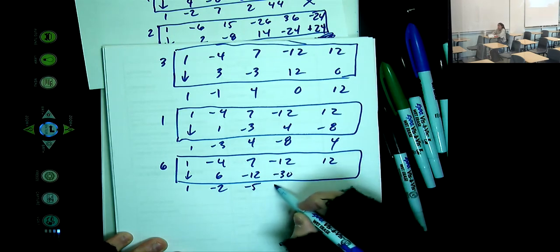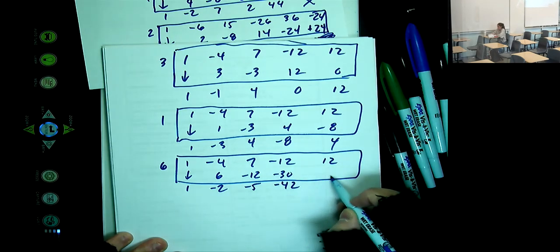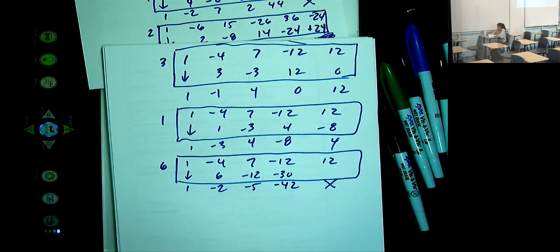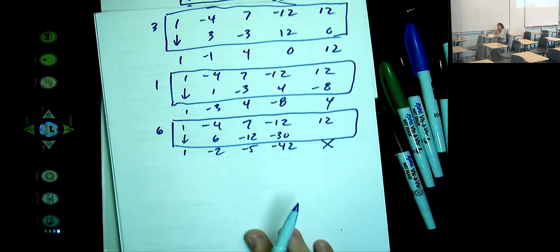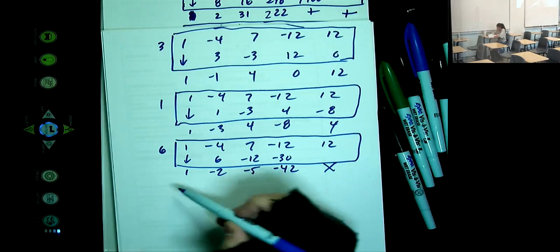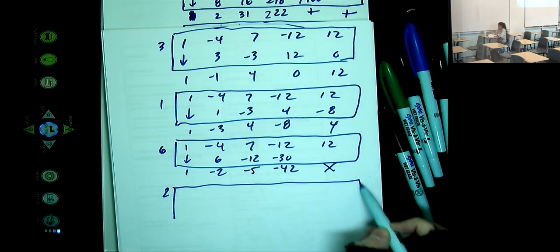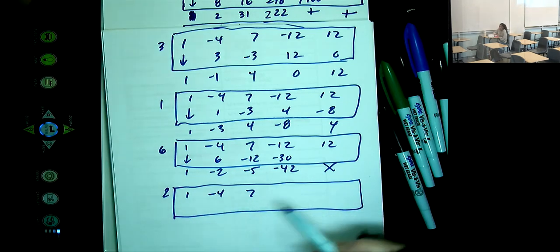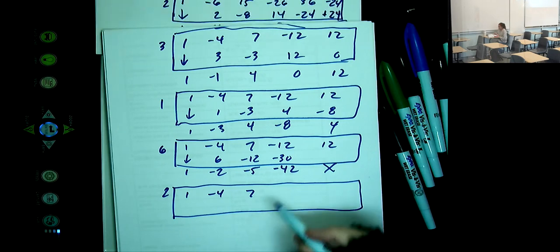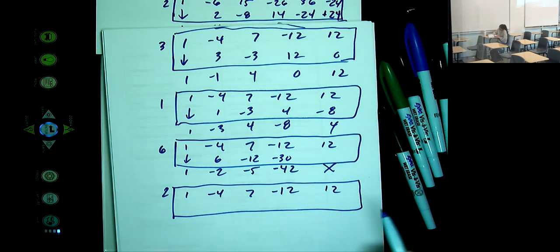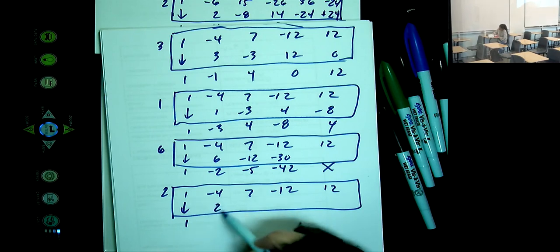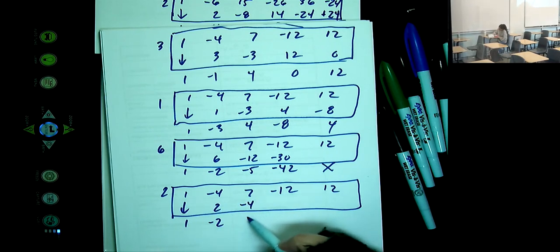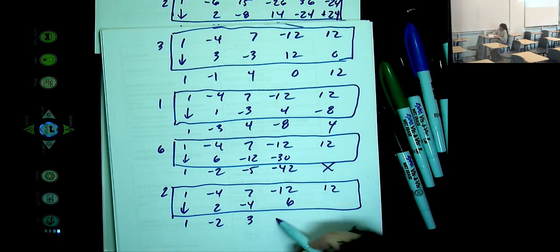Nope, this is blowing up real quick, isn't it? That is not going to give me a number. So the only positive root I have left is a 2. Let's see if 2 works again. I am writing down this bottom row correctly, right? Yeah. 2 did work again.